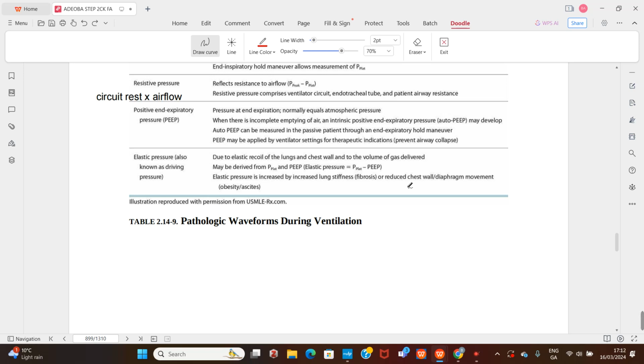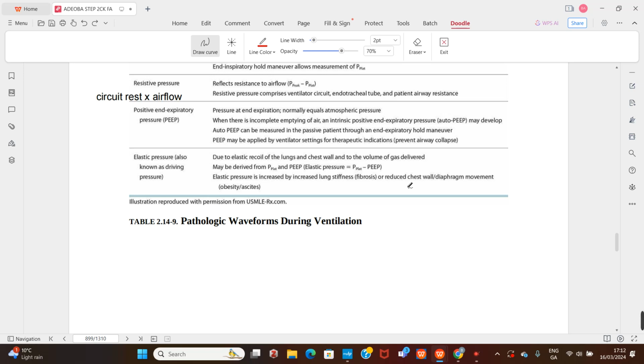Maybe there's kyphoscoliosis, or obesity or ascites preventing the diaphragm from moving downwards to create that negative intrathoracic pressure, so that the chest wall will be compliant enough to expand and bring in air.